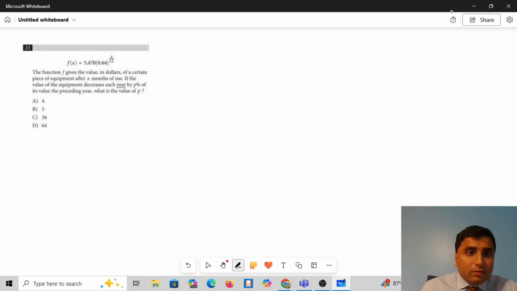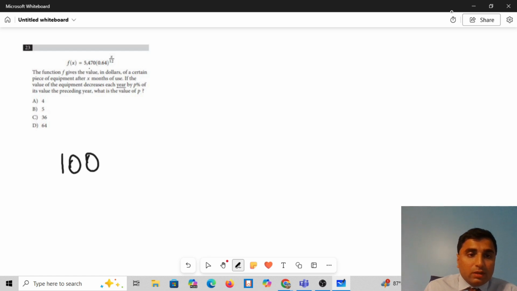So first things first, this particular value right here, 5,470, is the original value of the equipment in dollars. That original value does not really matter. So to make this problem much simpler, we'll just say that the original value of the piece of equipment is $100.